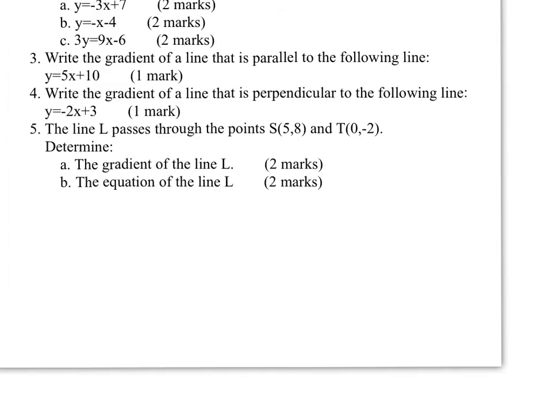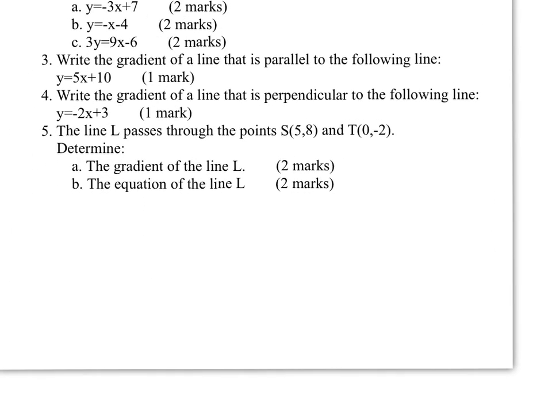Number 4. They want the gradient of a line that is perpendicular to the following line. We know that for a perpendicular gradient, we flip the fraction and change the sign. The gradient of this line is minus 2.